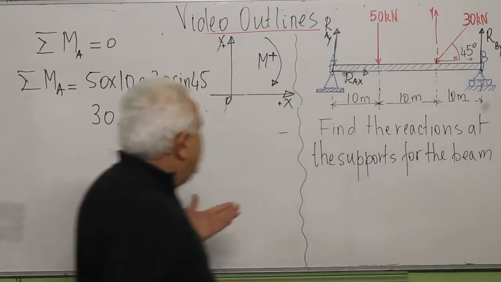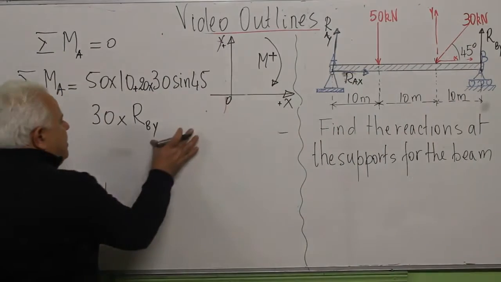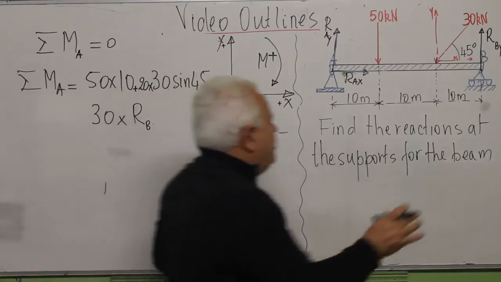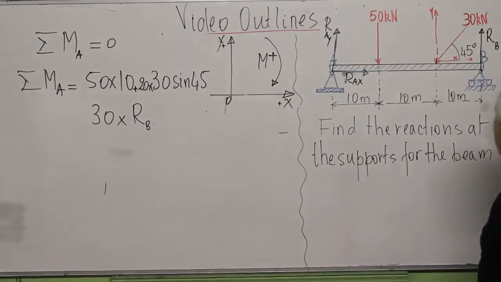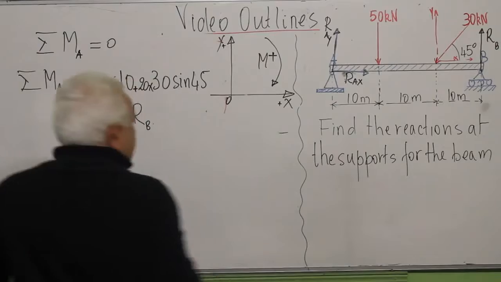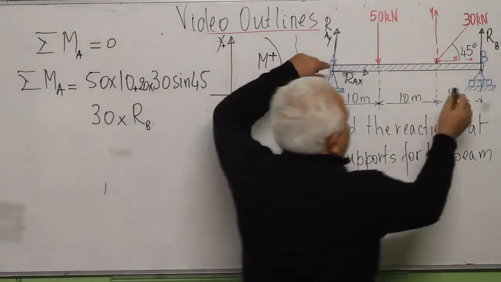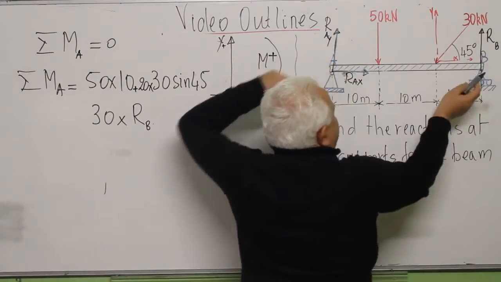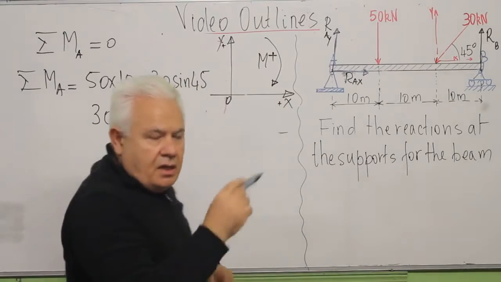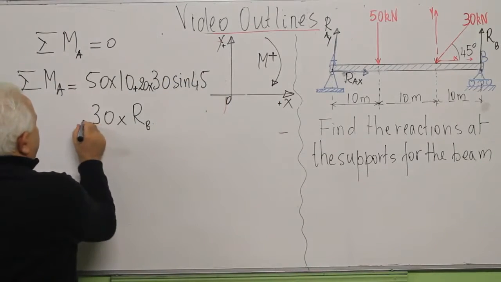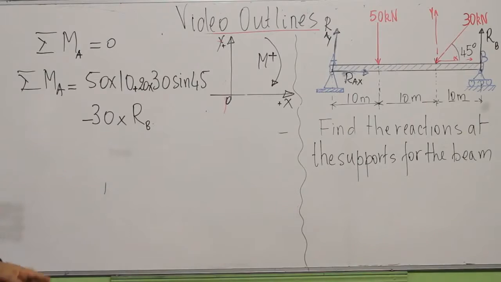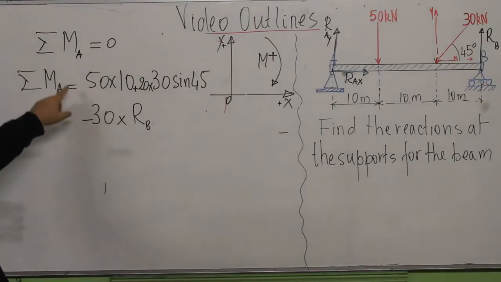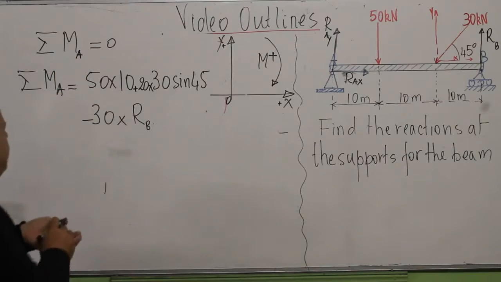I can just take RB and get rid of this Y, just RB, because we don't have a horizontal component. Now this RB is pushing up, that means it is anti-clockwise. I have to put minus. This is the first condition. This first condition will give me this equals to 0.